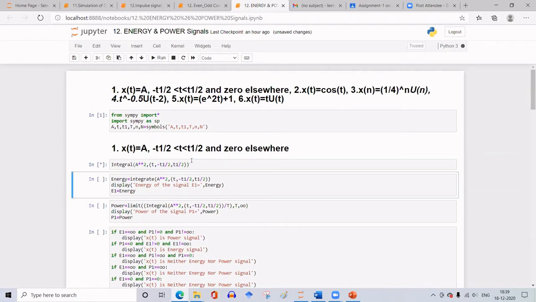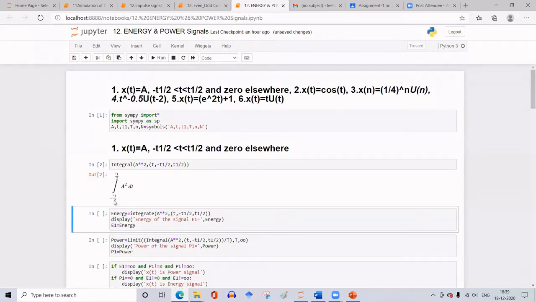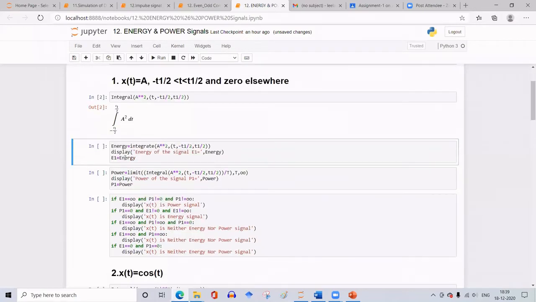When I execute this, it is the integral from minus t1 by 2 to plus t1 by 2 of A square dt. And the energy is, evaluate this, that is integrate this A square with respect to t between limits minus t1 by 2 to plus t1 by 2, and display that after evaluating for this variable energy, as the energy of the signal as a string, E1 is equal to, and then display that value, where E1 is the energy.